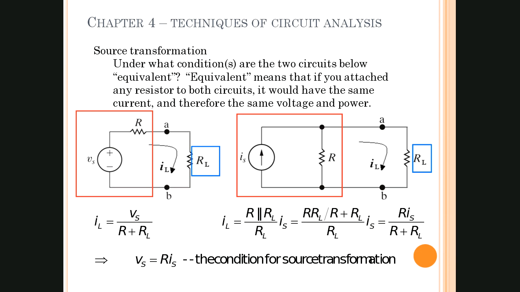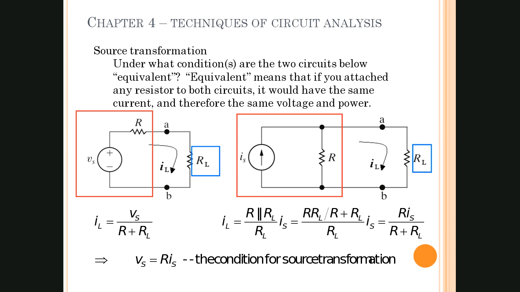What's going to change is the voltage source or the current source, depending on which way you're transforming. If you're going from the voltage source with the series resistor and transforming that into a current source with a parallel resistor, then of course you'd have to calculate the current traveling through that voltage source and resistor, and that value would actually equal the current IS. And we'll get more into that later.